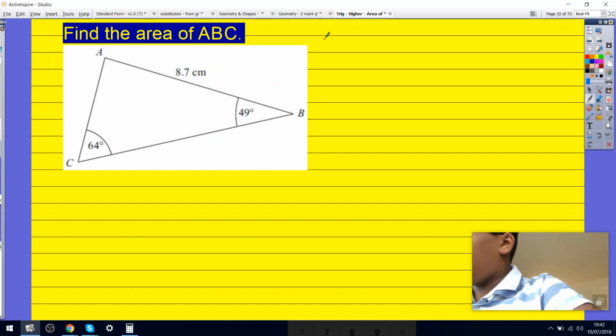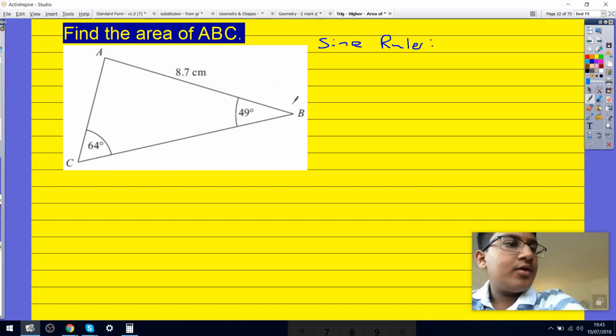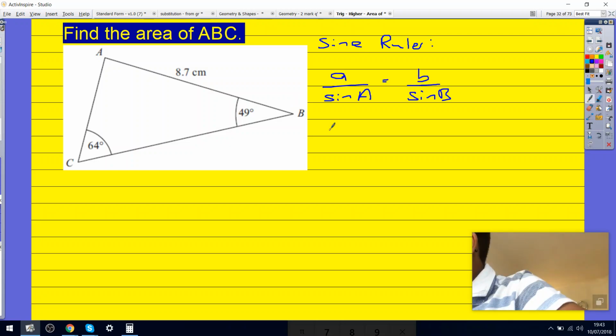We want a side next to an angle, so you can find AC. If we label AC to be x, we could have x over sine 49 equals 8.7 over sine 64.